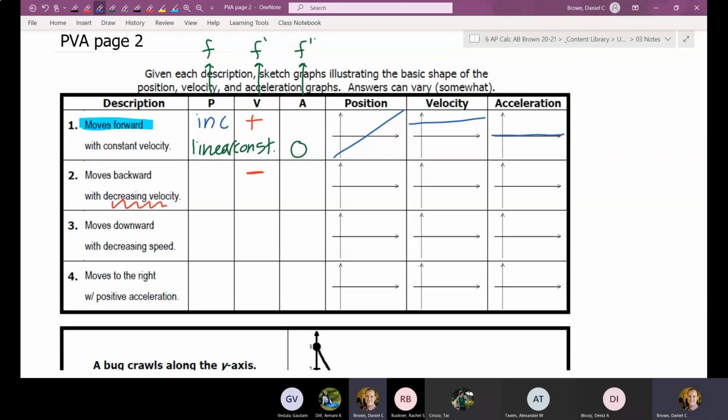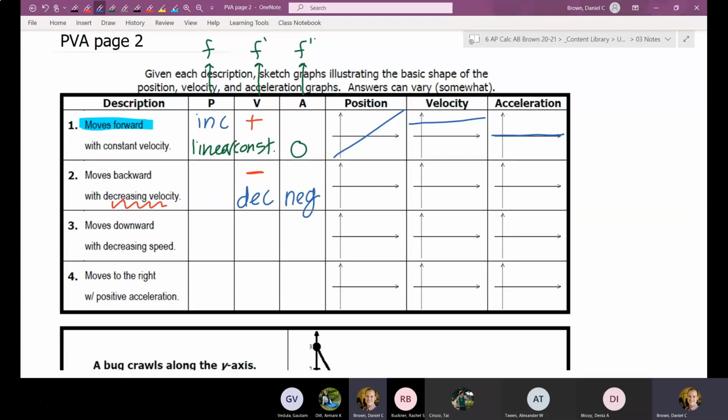So let's think about it this way. Decreasing velocity is clearly telling me that my velocity is decreasing. So think about this in terms of the chart that you have. When your first derivative was decreasing, what did that mean the second derivative was? Negative. If my acceleration is negative, that's the same thing as thinking about the second derivative.